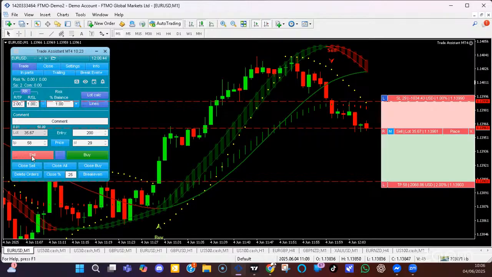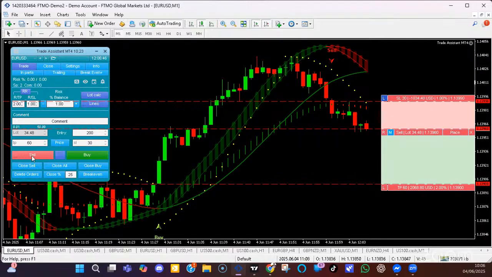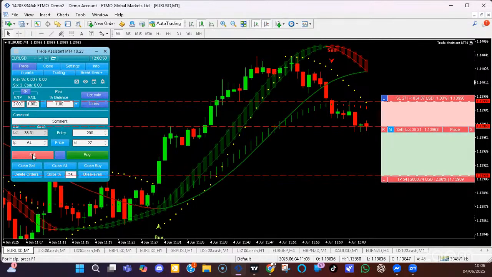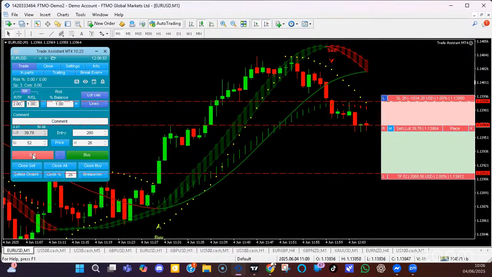I'm still only 3 pips distance between stop loss and entry, so that's fine. I could go up to 5, 6 pips maybe, but I'm looking for that extra confirmation that indeed we are on for a deeper sell.